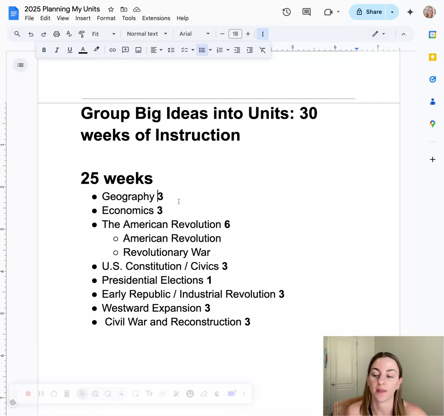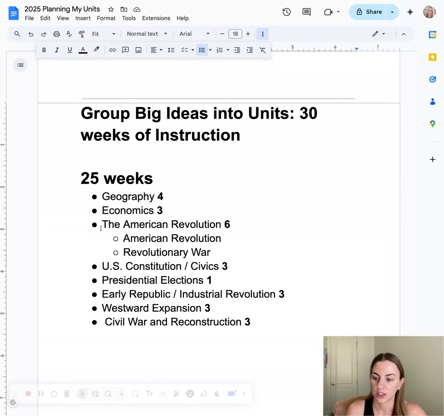I can take more time on lessons. I can have some lessons span 2 days. So I'm definitely going to add a week here to the geography unit because I think I'm going to teach that first. And at the beginning of the year, I feel like everything goes slower. Like lessons just take longer because you're still training your students. So I'm going to add a week there.